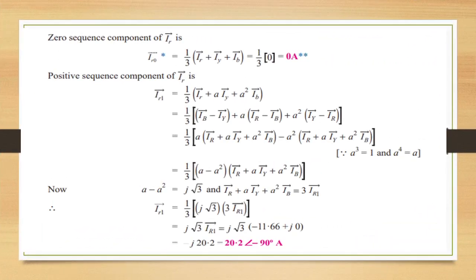The zero sequence component of IR, IR0, is 1/3 of IR plus IY plus IB, that is 0 amperes. The positive sequence component of IR, IR1, is equal to 1/3 of IR plus AIY plus A square IB. Line current IR can be taken as IB minus IY; IR is IB minus IY, IY is IR minus IB, IB is IY minus IR.